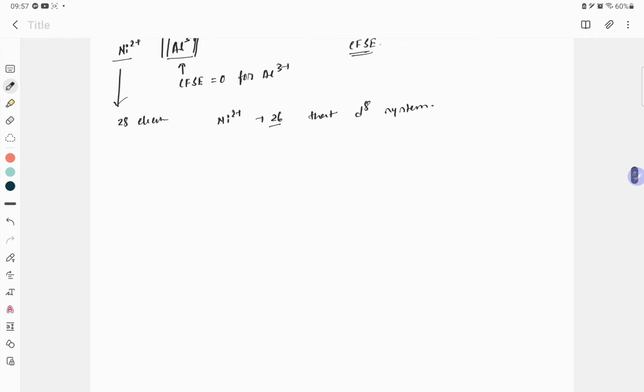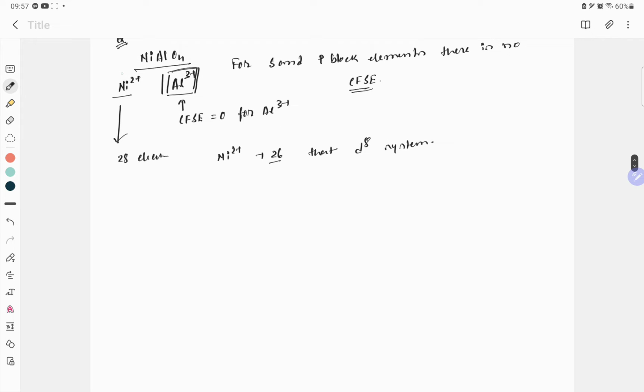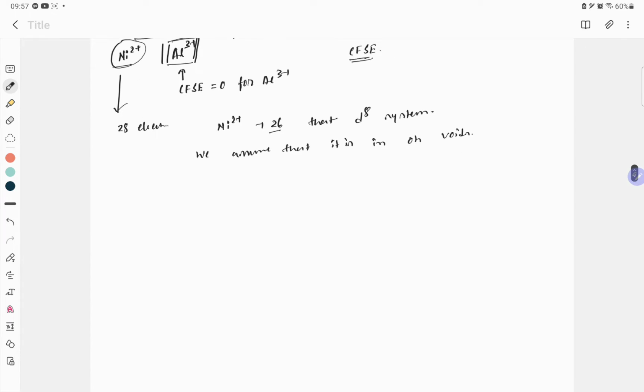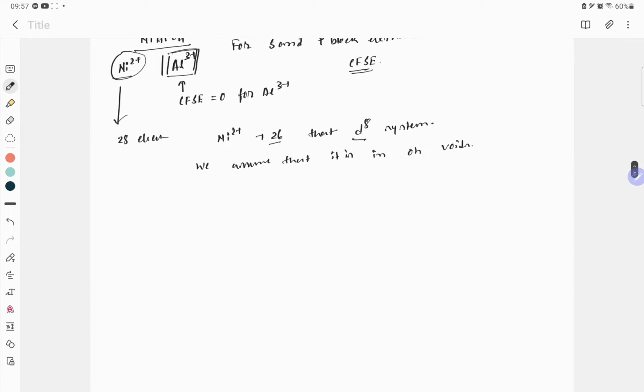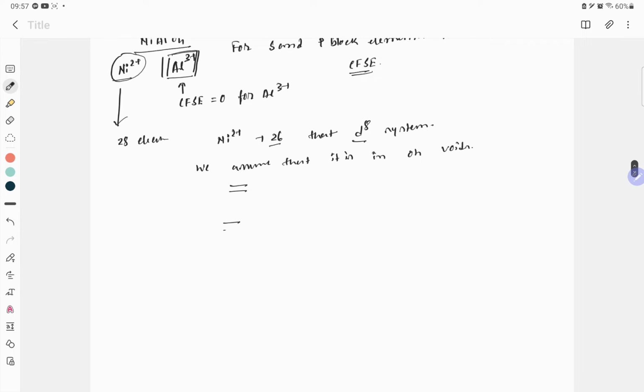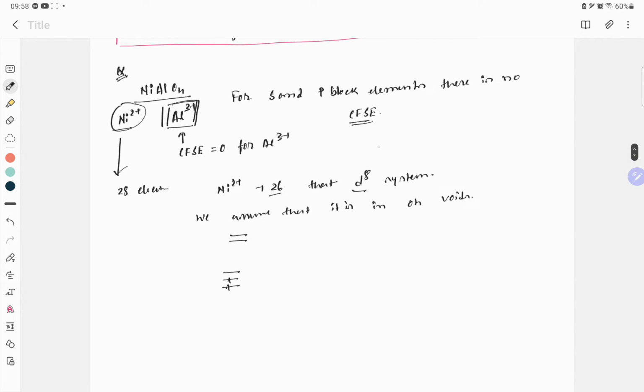Now we assume that it is in an octahedral void, so we'll calculate the octahedral CFSE. Another thing we have to talk about is the O2-.